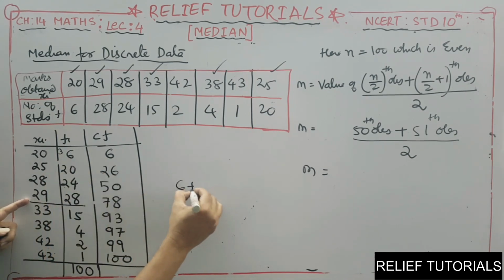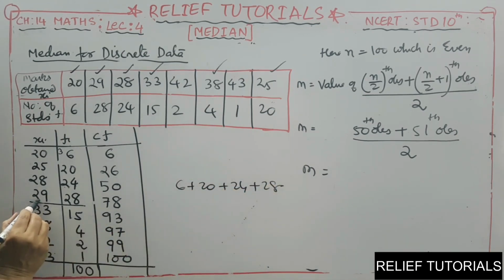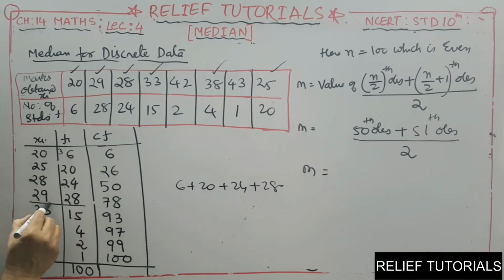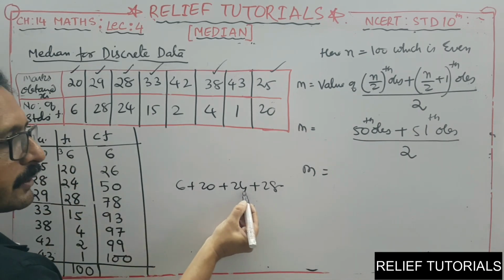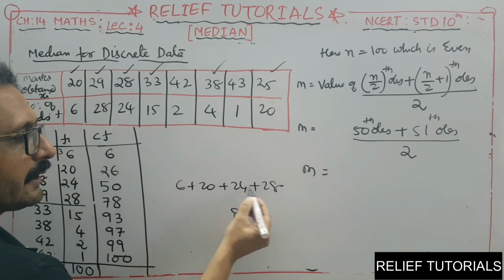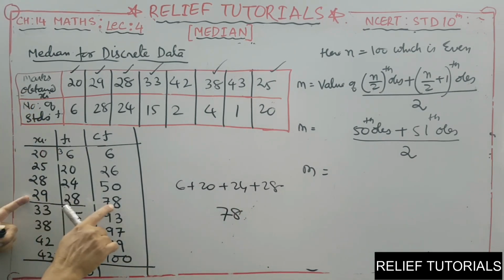That makes 78. So the cumulative frequency of 29 is 78.